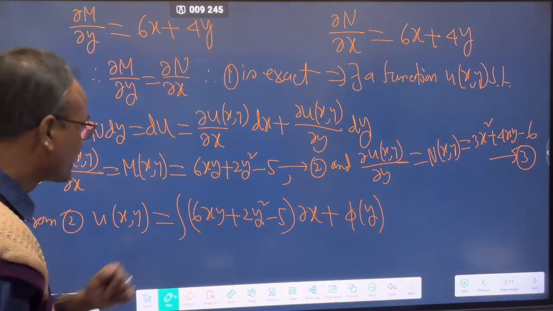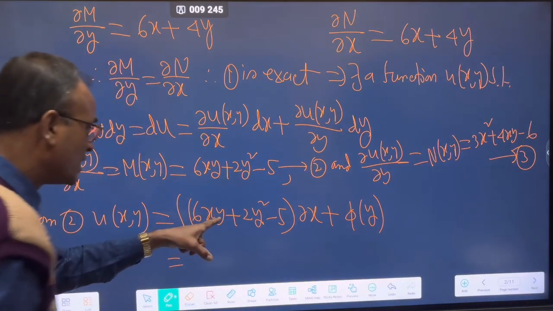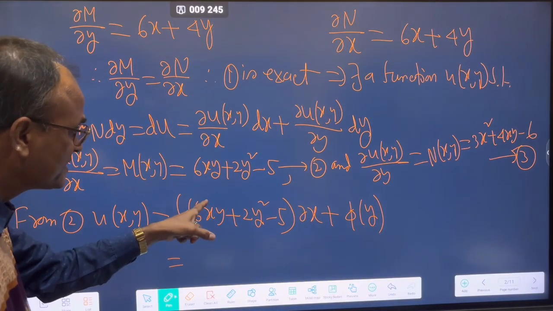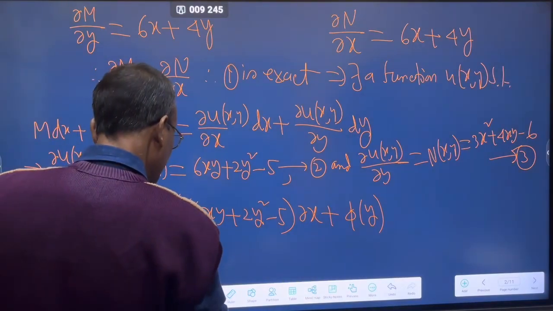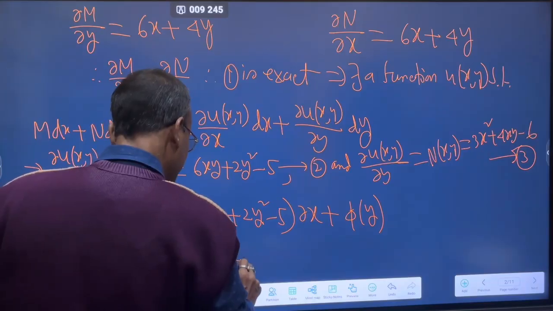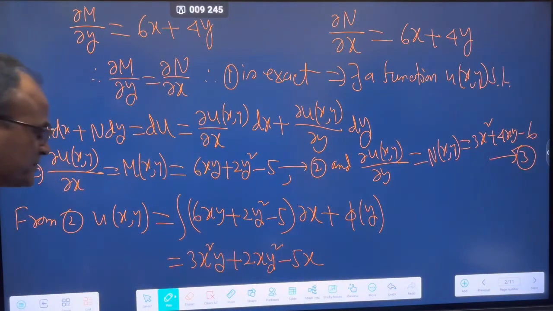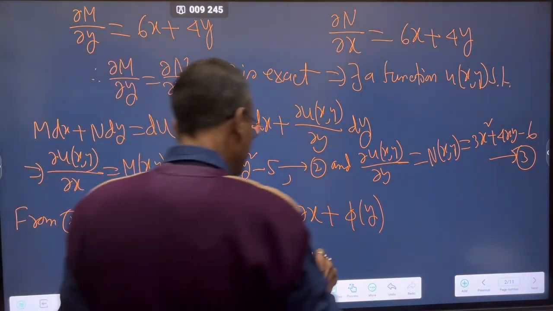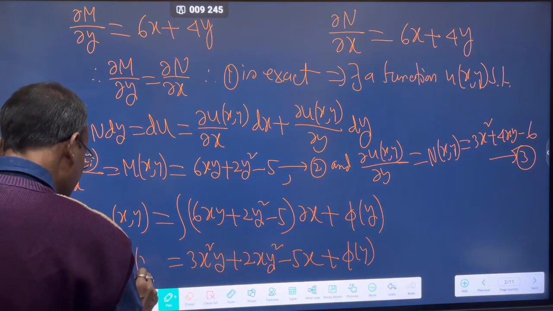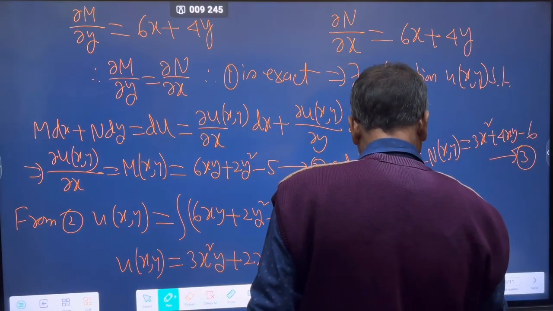With respect to x, y is constant. What will this be? 3x square y plus 2xy square minus 5x plus phi of y. So u of x, y equals this. Suppose this is number 4.